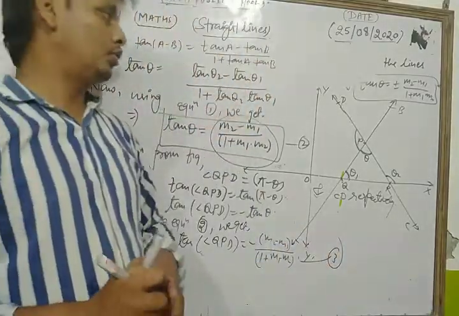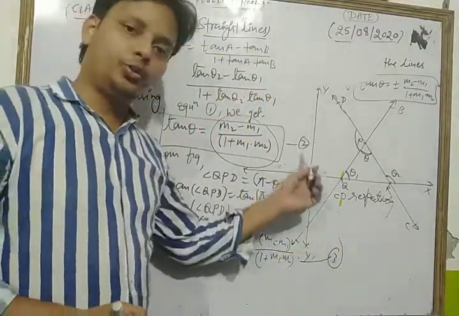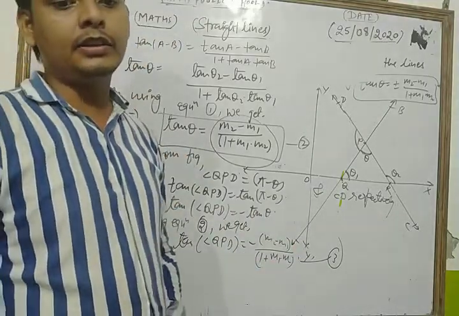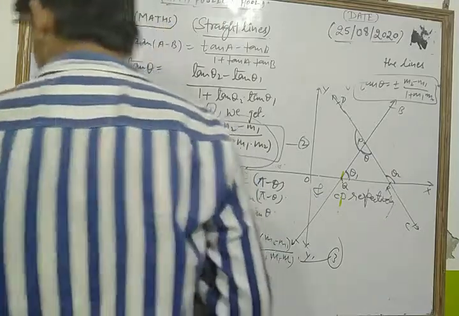Dear student, now from equations 2 and 3, we have tan theta, which is the angle between two lines.